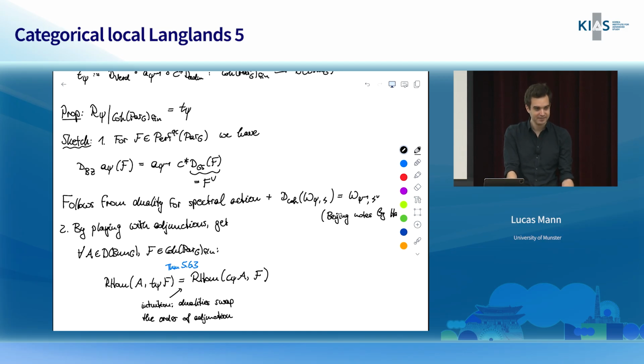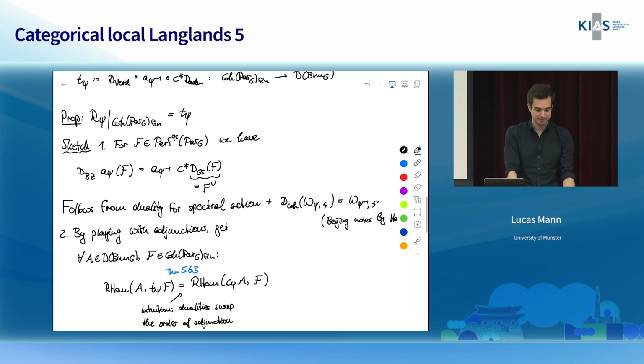Why does the Chevalley involution come in? Because you see it already here, right? And here it comes from the similar result for the spectral action, this duality result.